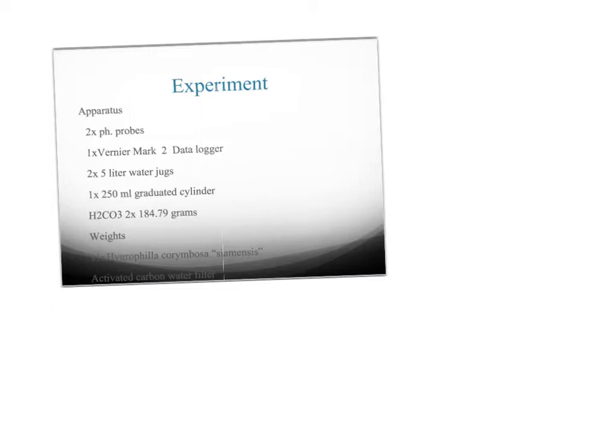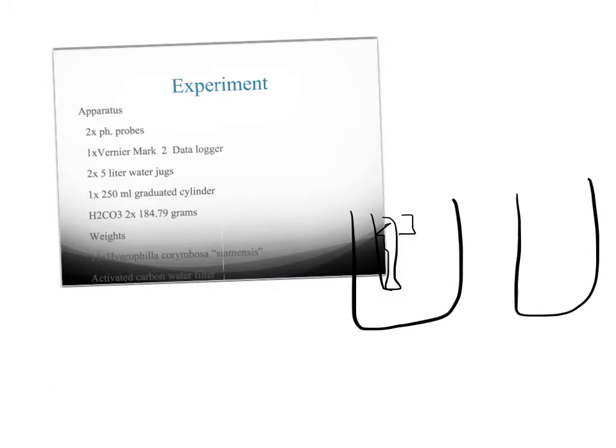So we have our two pH probes, and we have a Vernier Mark II data logger, which will be graphing our experiment as it goes. We have two 5-liter water jugs. In one we will place the plant, and in the other we will place our chemical filter. So we got our chemical filter, and in the other we got our plant.